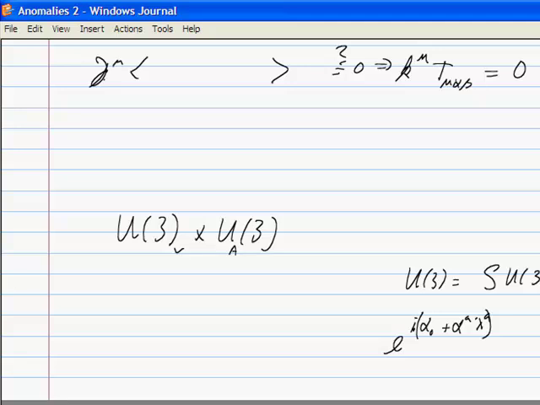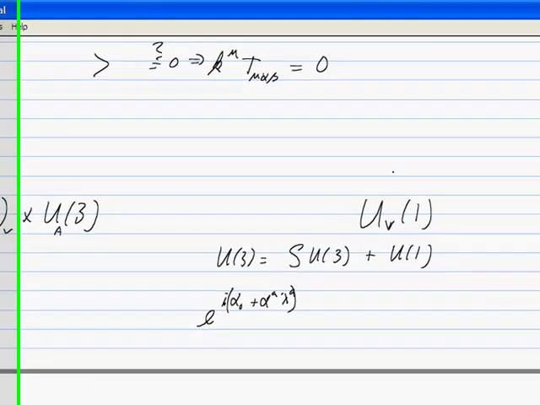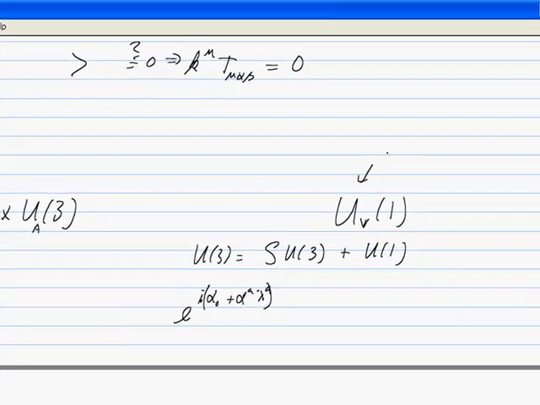Alpha 0 is not traceless, so that's the U1, and these are the traceless ones. So U3 breaks up into SU3 plus a U1.